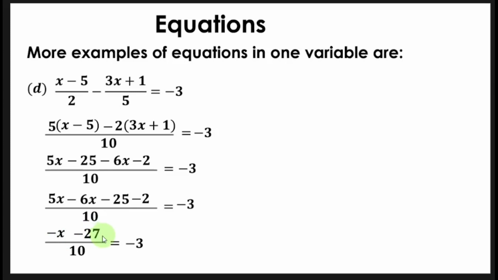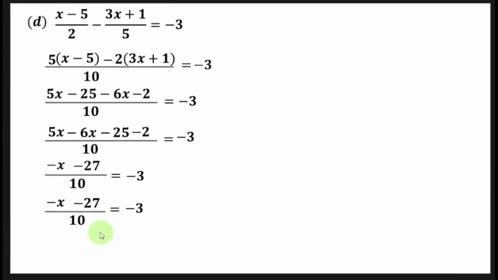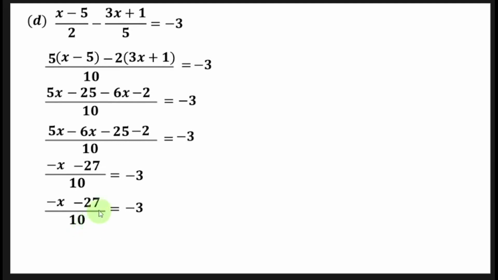So now, what you are going to do here is to remove the fraction. So how do you remove this fraction? By saying over 1, putting this one as a fraction, and then multiplying what is on the denominator here with the numerator there, and what is on the denominator there with the numerator here.